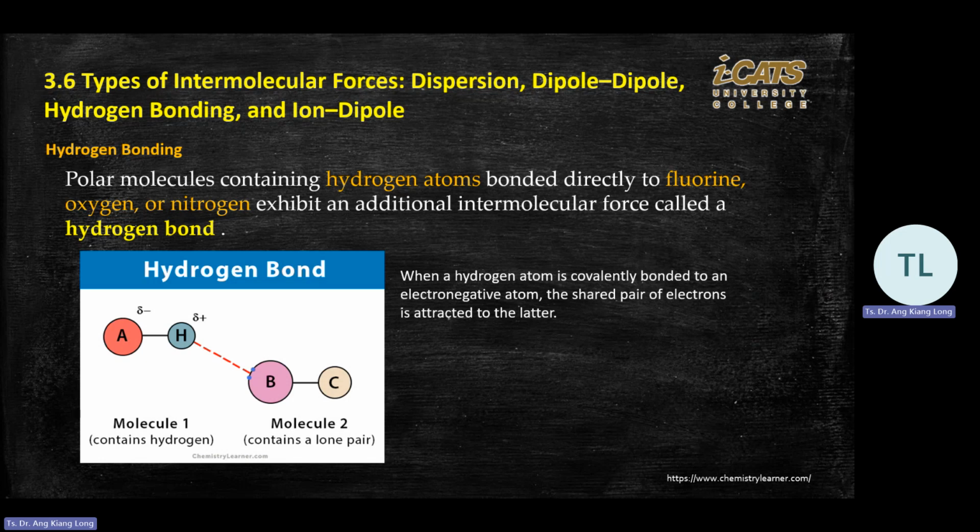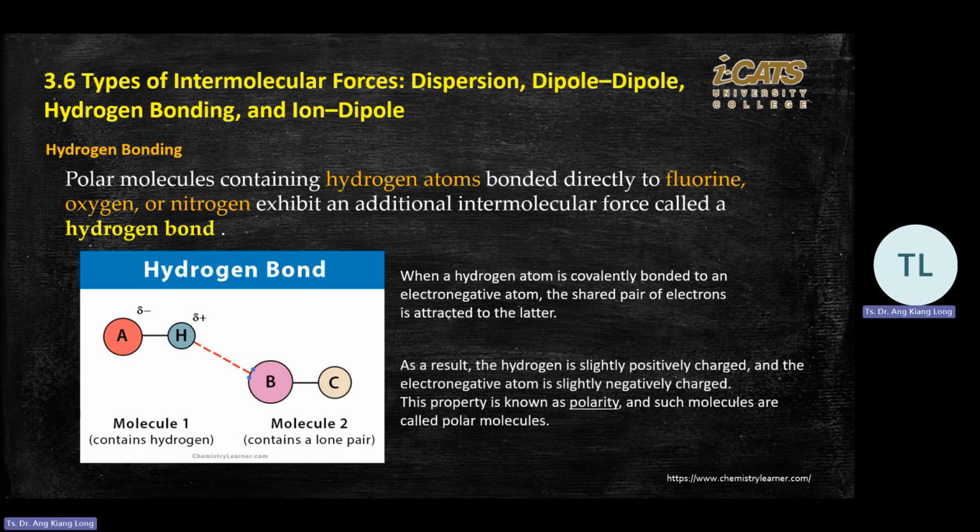When a hydrogen atom is covalently bonded to an electronegative atom, the shared pair of electrons is attracted to the latter one, right? So as a result, hydrogen is slightly positive charge, because the electron is already going nearer to atom A. And the electronegative atom is slightly negative charge. This property is known as polarity, and such molecules are called polar molecules.